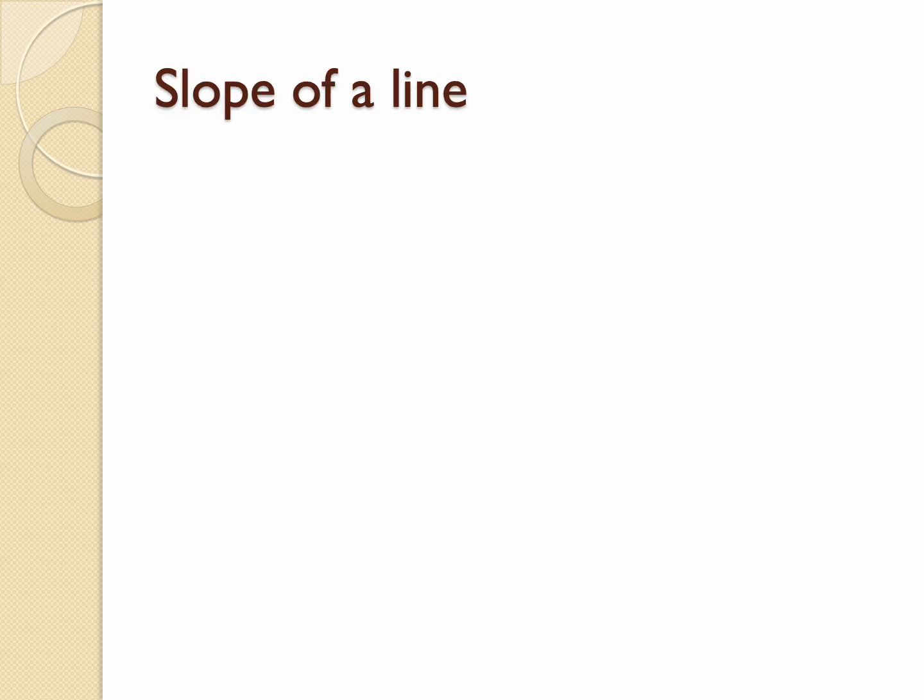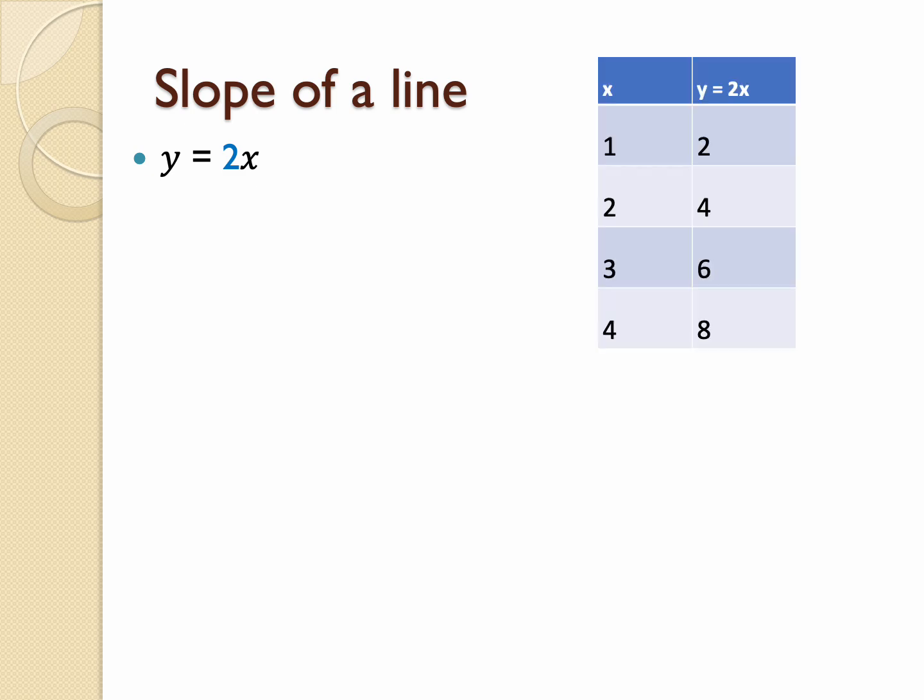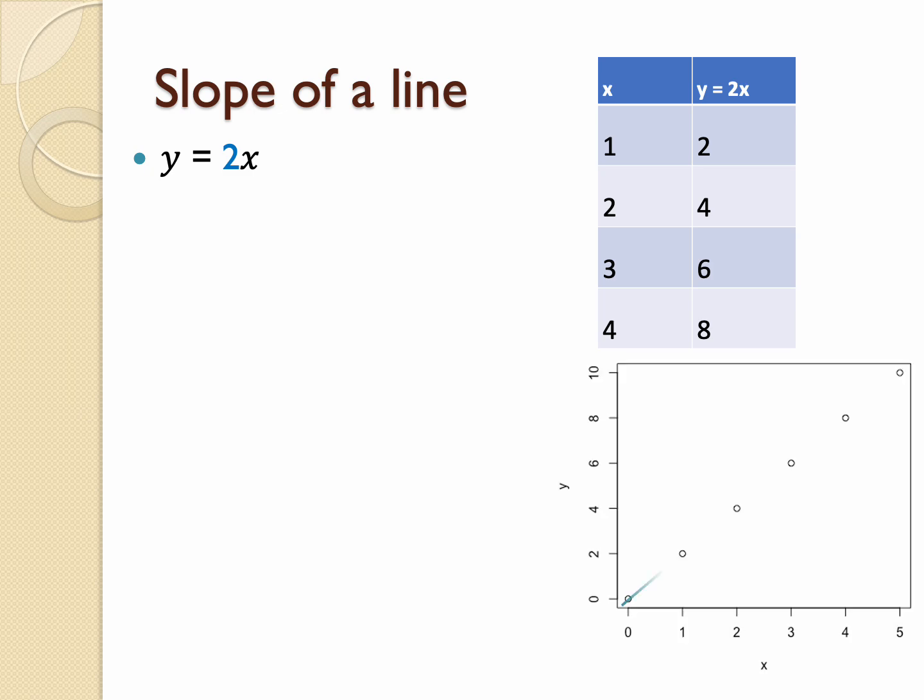So let's discuss the slope of a line and the impact of using m. We start with a simple equation y equals 2x as before. Here are the xy pairs as computed earlier, and here is its graph. Now let's change m from 2 to 3. So we now have y equals 3 times x. Let's draw up new pairs of values for x and y.